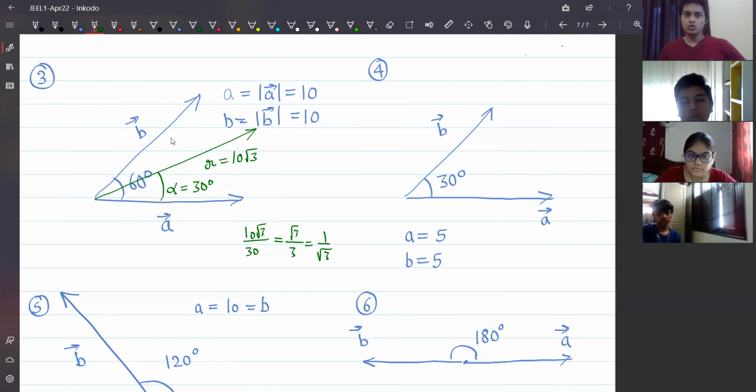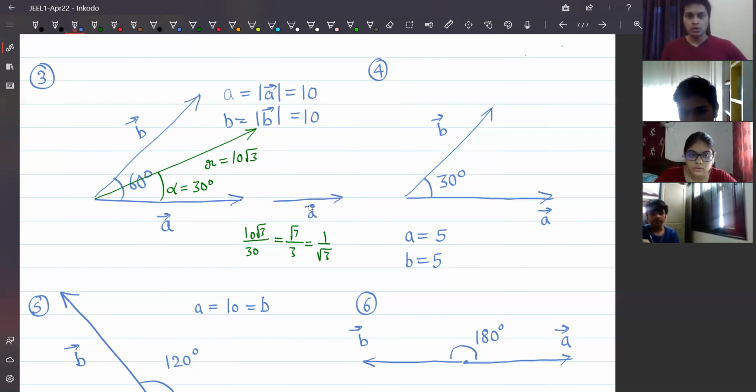See, when two vectors have equal magnitude and you want to find the resultant, the angle will always be half of the original angle. R will always come between A and B. See, like this, A vector is here.